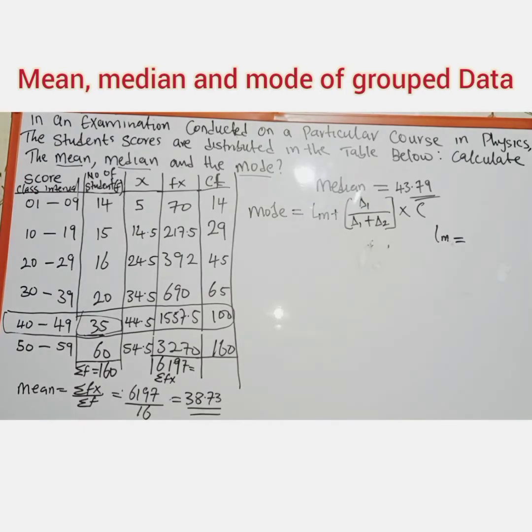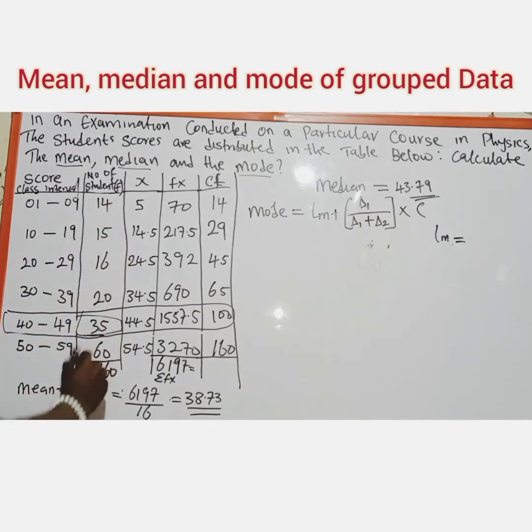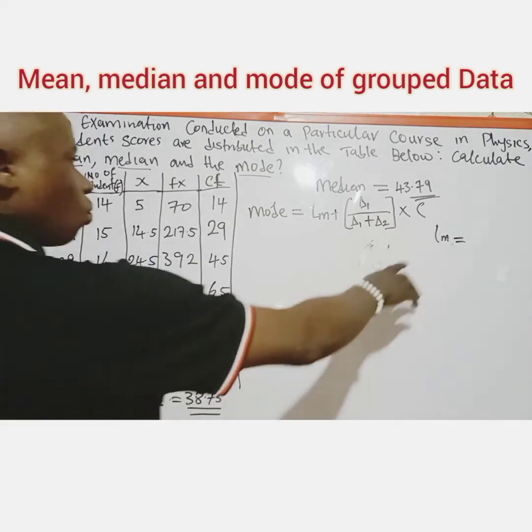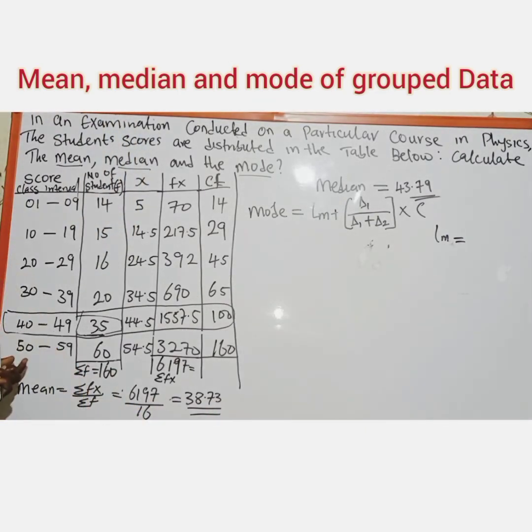To get it, we are going to locate the highest frequency in our data. Going back to the table, we have frequency, and the highest frequency here is 60. So our modal class is this one with the highest frequency. To get the lower modal class boundary, you go back to our class interval.